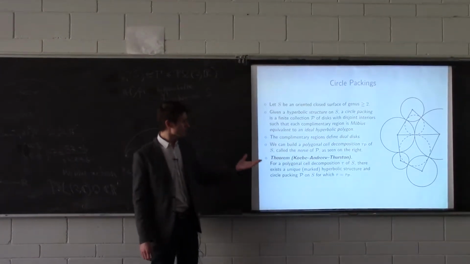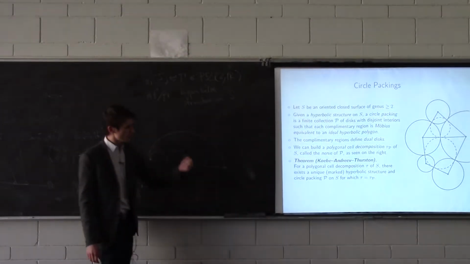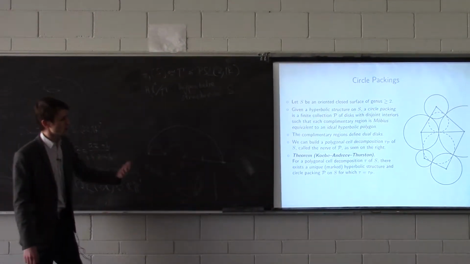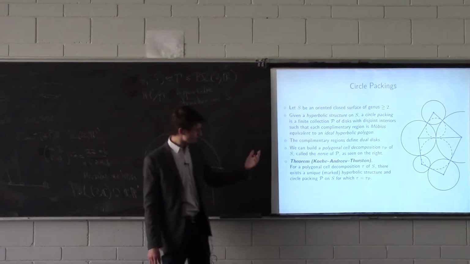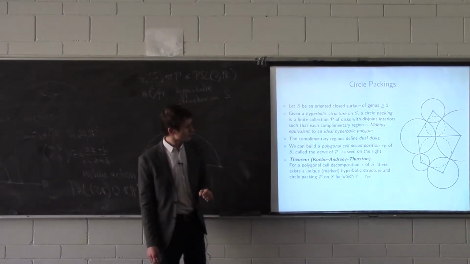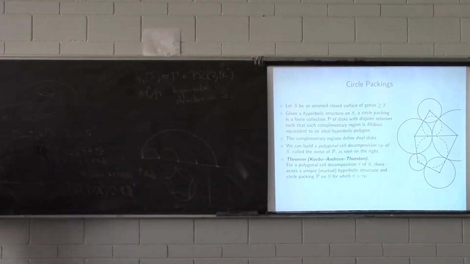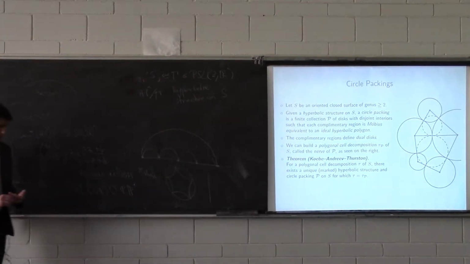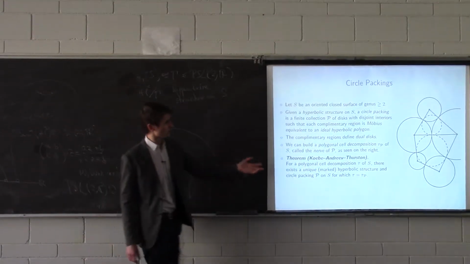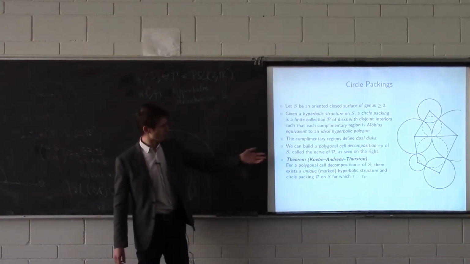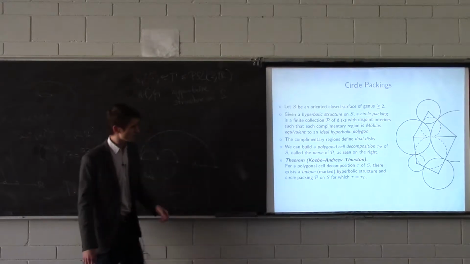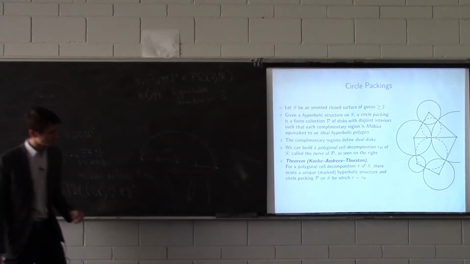So if you want to take a cell decomposition and realize it as the nerve of a circle packing, there's only one way to do this in a hyperbolic setting. That is a very strong, remarkable theorem. And here this holds for all closed surfaces, including the sphere and the torus as well.